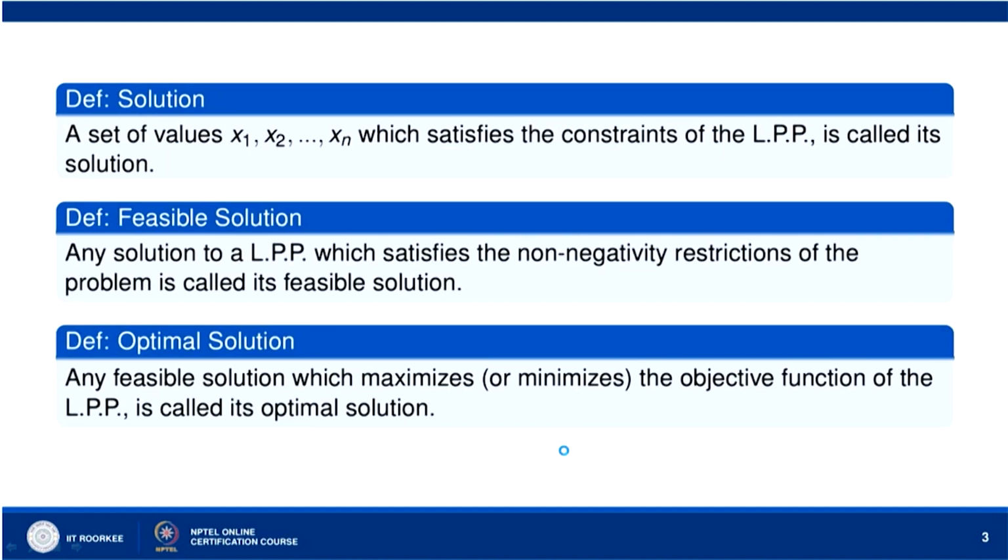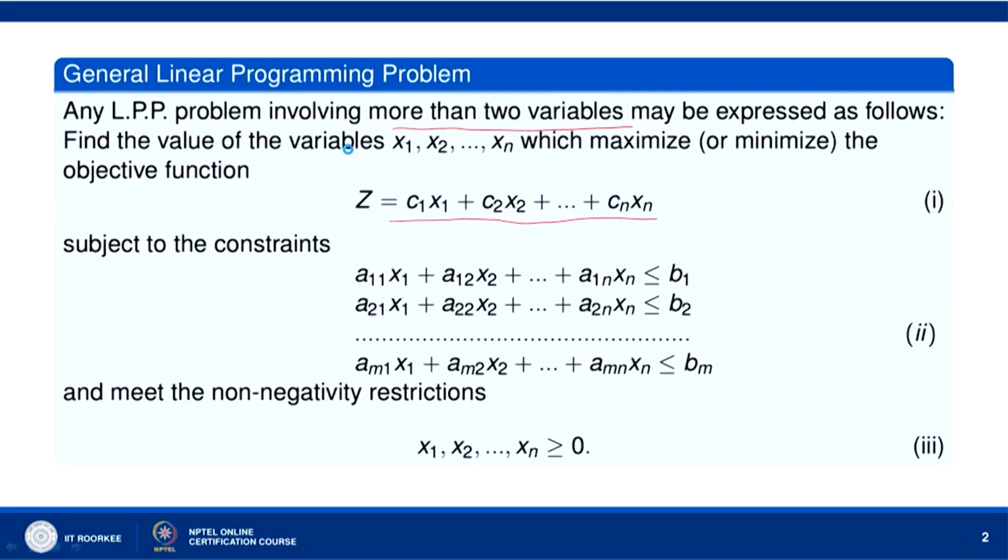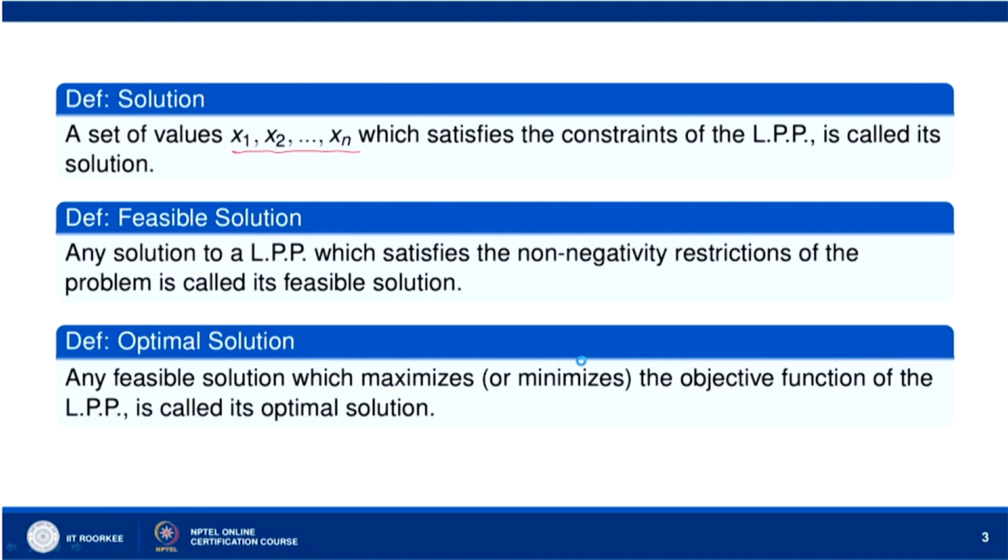Now, let us define a solution. A set of values x1, x2, ..., xn which satisfies the constraints of the LPP, that is, these m inequalities, is called a solution of the LPP.